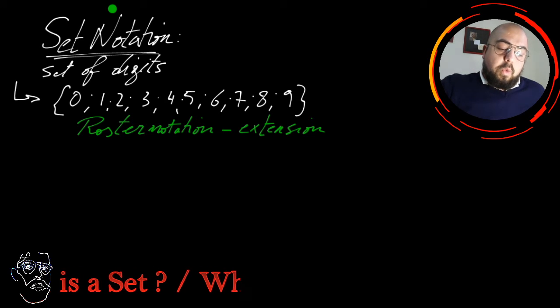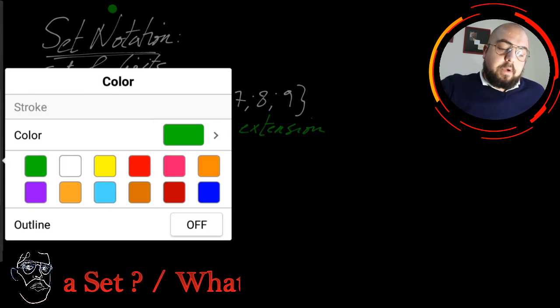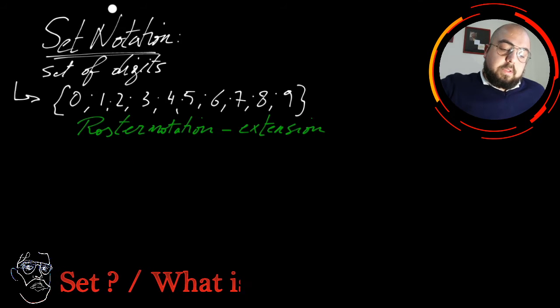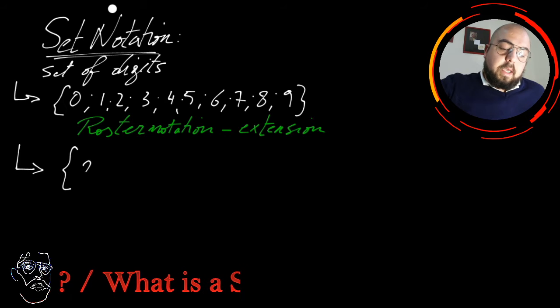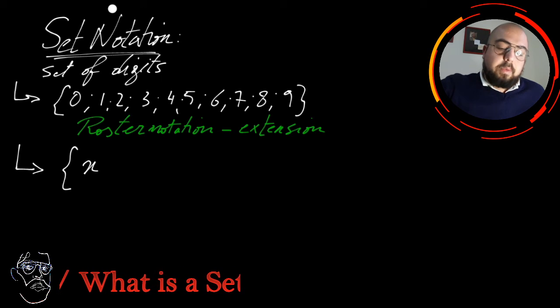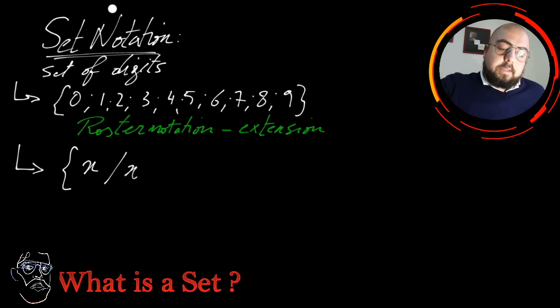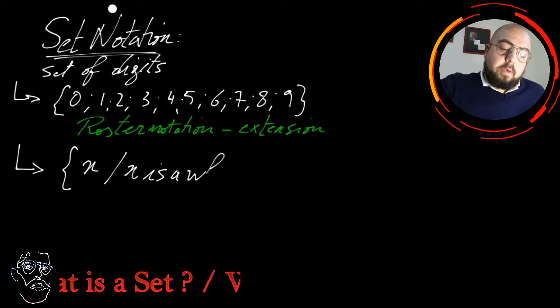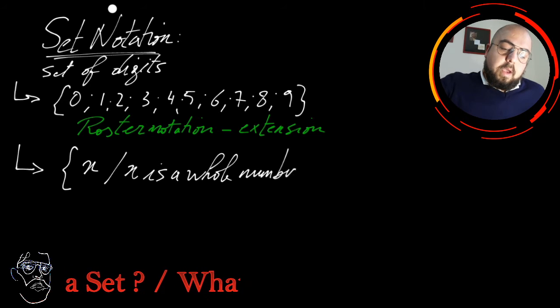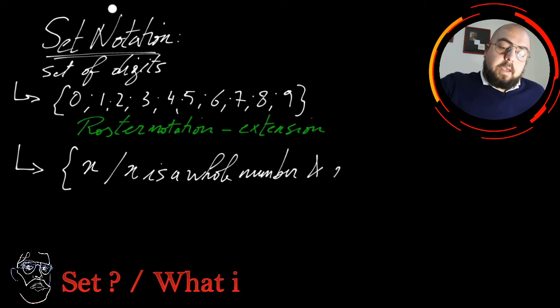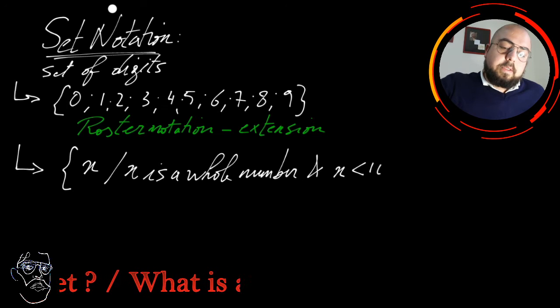All right. What is the second way of expressing this same set, the set of digits? I can write it down as x, which is a certain variable, such that x is a whole number, and x is smaller than 10.